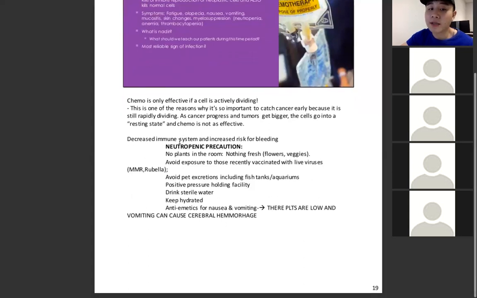Chemo can decrease the immune system and increase risk for bleeding. Remember, neutropenia and thrombocytopenia. So we have to do neutropenic precaution. So what is neutropenic precaution? Again, no plants in the room, no fresh flowers or fresh vegetables.